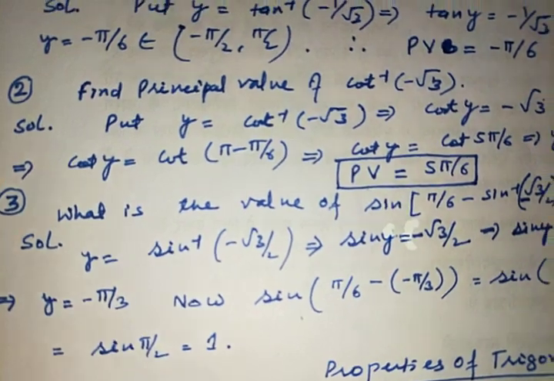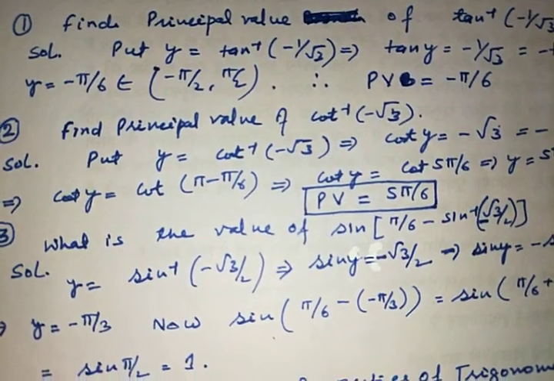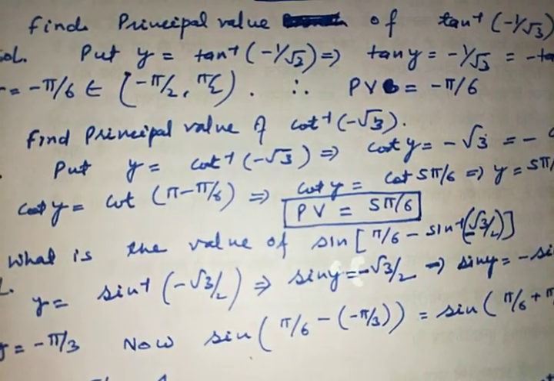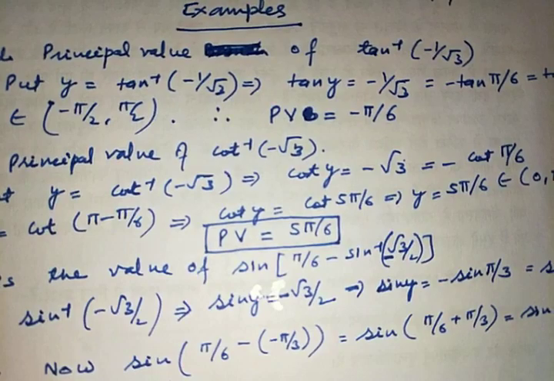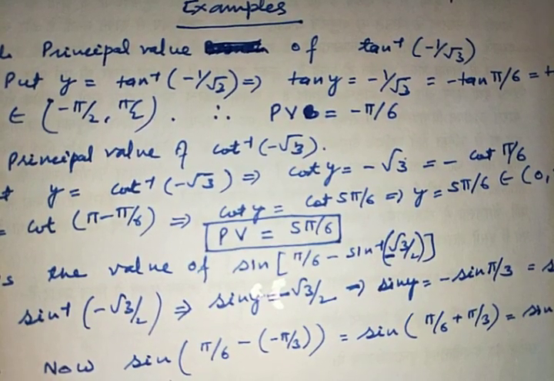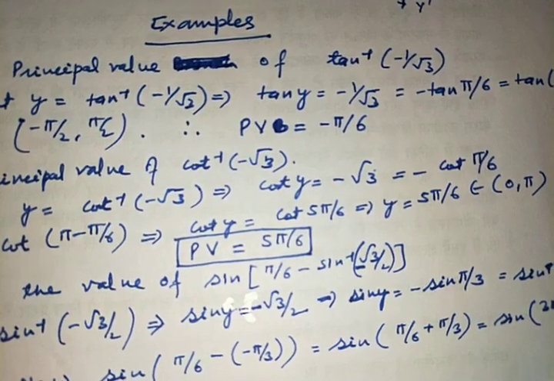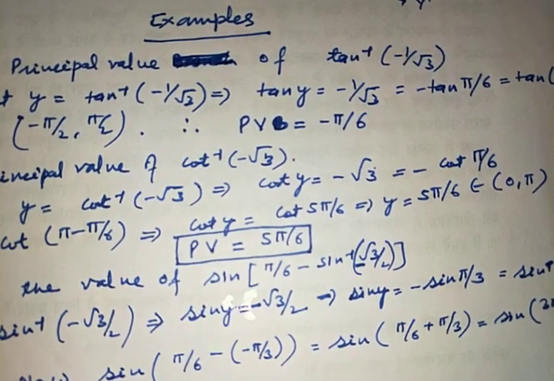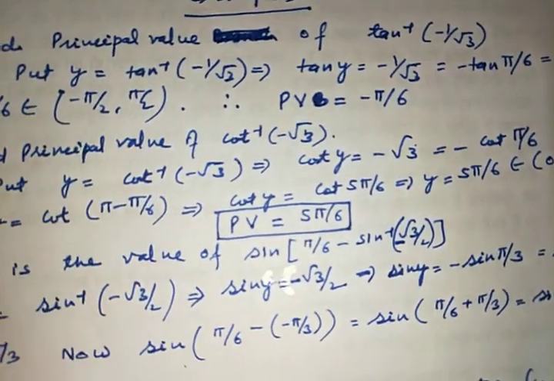We have solved it like example 1. Similarly, we found that cot y is equal to cot 5 pi by 6, and 5 pi by 6 belongs to 0 to pi, which is principal value branch of cot inverse x.